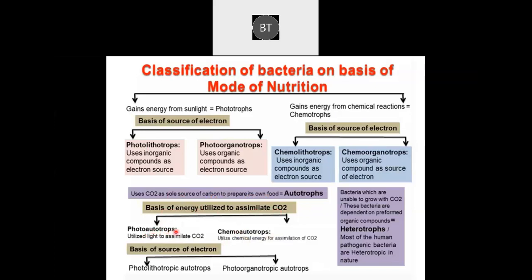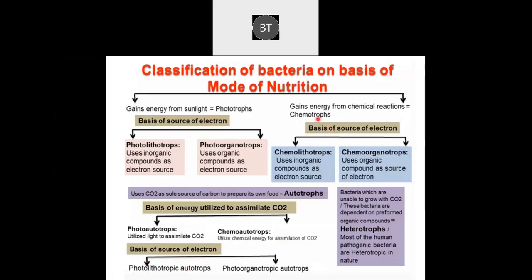Photoautotrophs utilize light to assimilate carbon dioxide, and chemoautotrophs utilize chemical energy for assimilation of carbon dioxide. Basis of source of electron, we have photolithotrophic autotrophs and photoorganotrophic autotrophs.